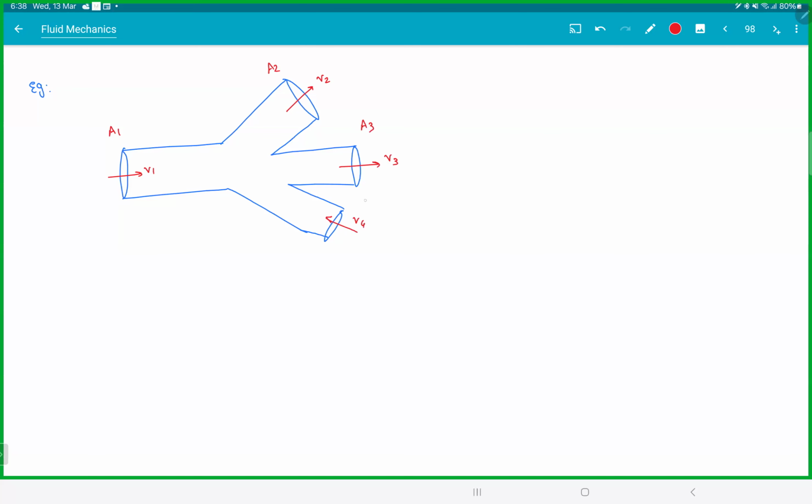This is V4 and this is A4. What will be the relation between them? The liquid entering, A1V1 plus A4V4, should be equal to the liquid flowing out, A2V2 plus A3V3. So you can apply this even for multiple entrances and multiple exits. Clear? It is not necessarily a single opening.